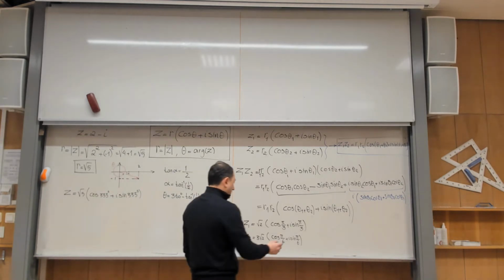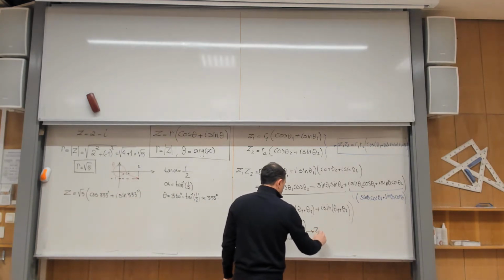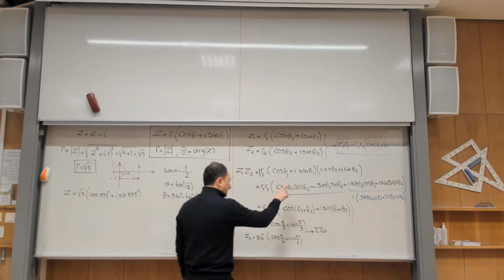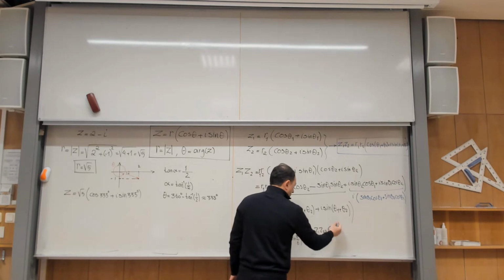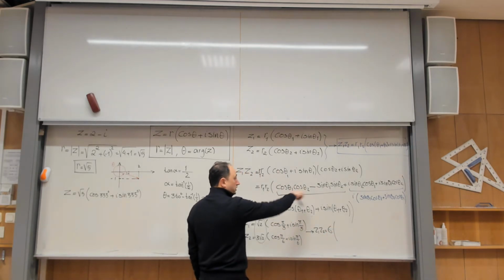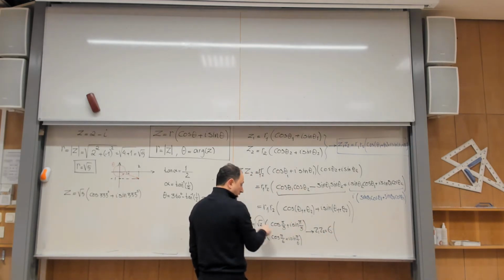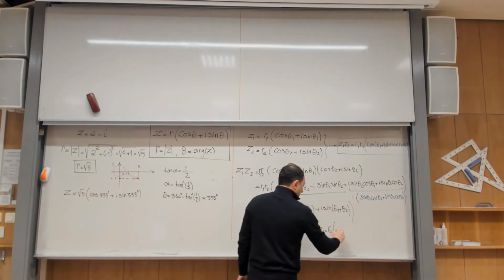So if you multiply them, what will happen? z1 z2. I learned that I have to multiply the absolute values. So square root of 2 multiplied by square root of 2 becomes 2, and then another 3 becomes 6. Yes? But then I don't need to start doing this long process once more. I realize that I can write cosine.